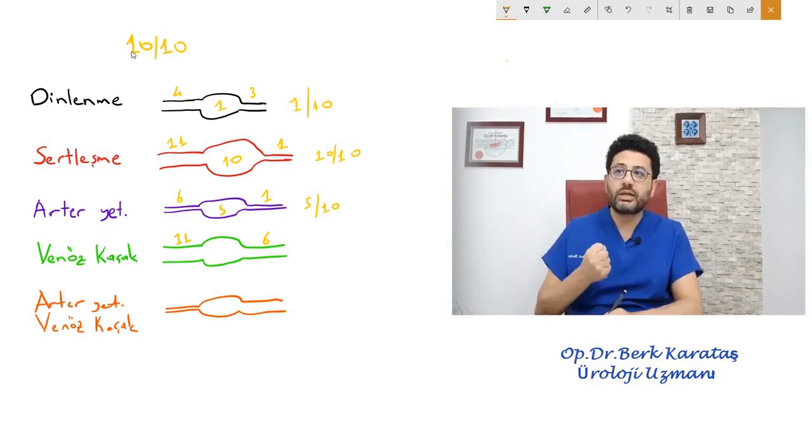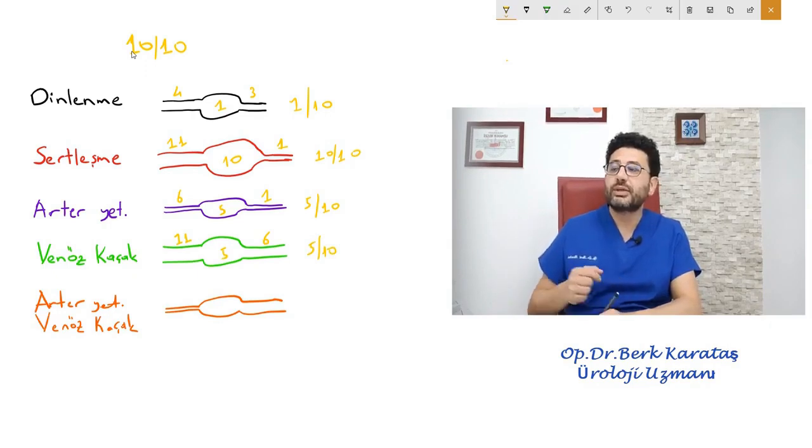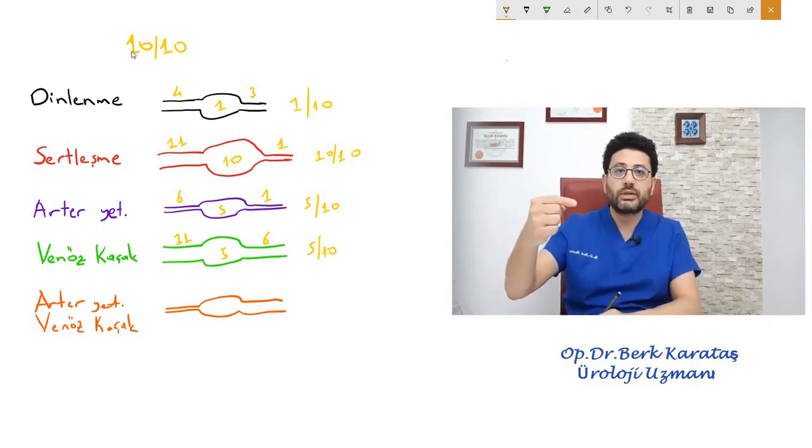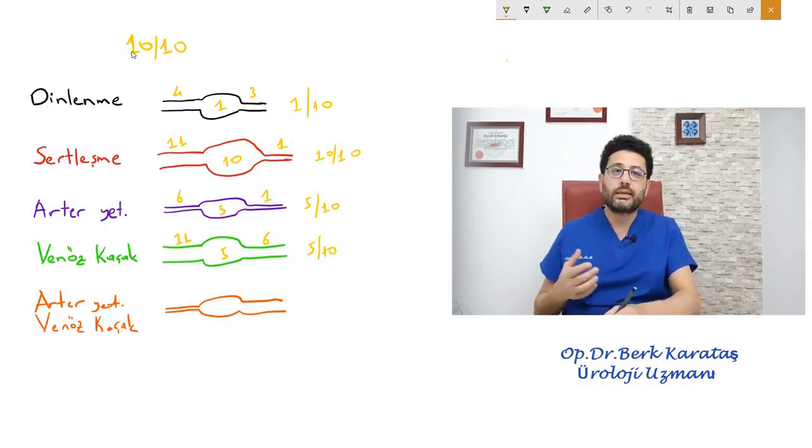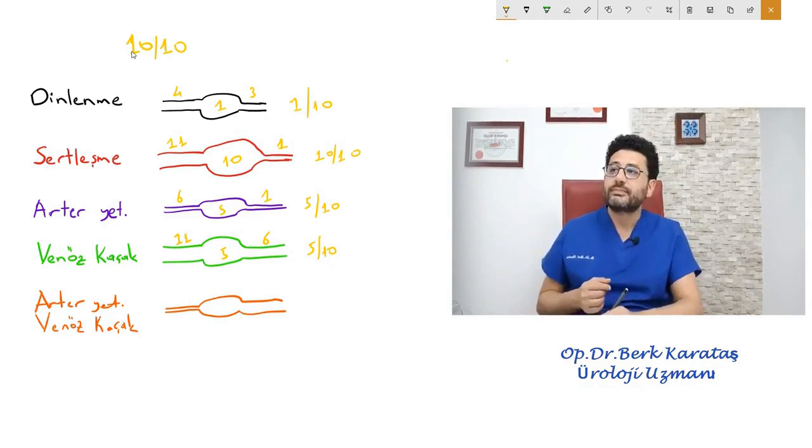The corpora cavernosa can't close properly. So what happens then? Again, it results in a hardness of 5 out of 10. Here, the amount of blood escaping from the vein determines the severity of the event. If this is 7, then this number will drop to 4. Then there won't be any intercourse.